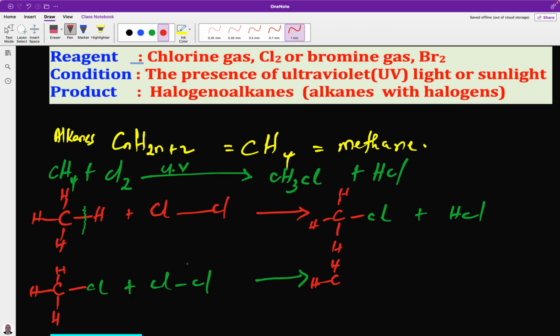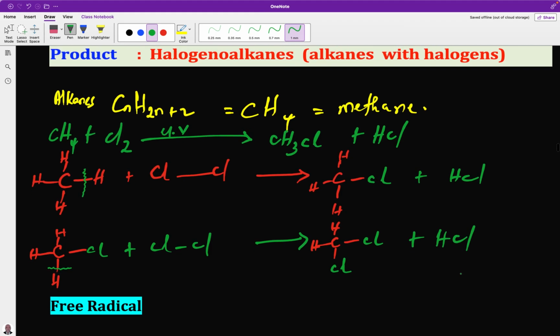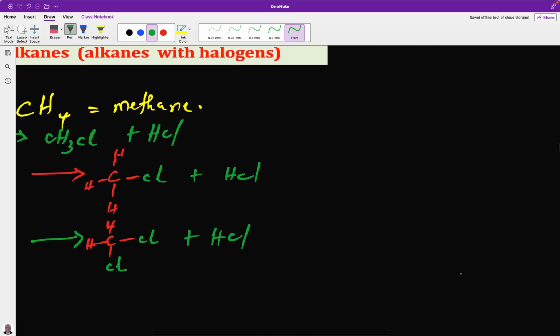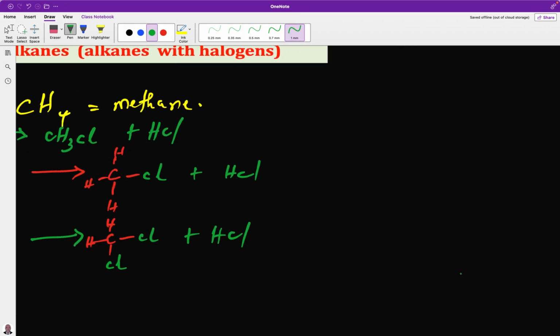It goes again. We continue here with this molecule again.